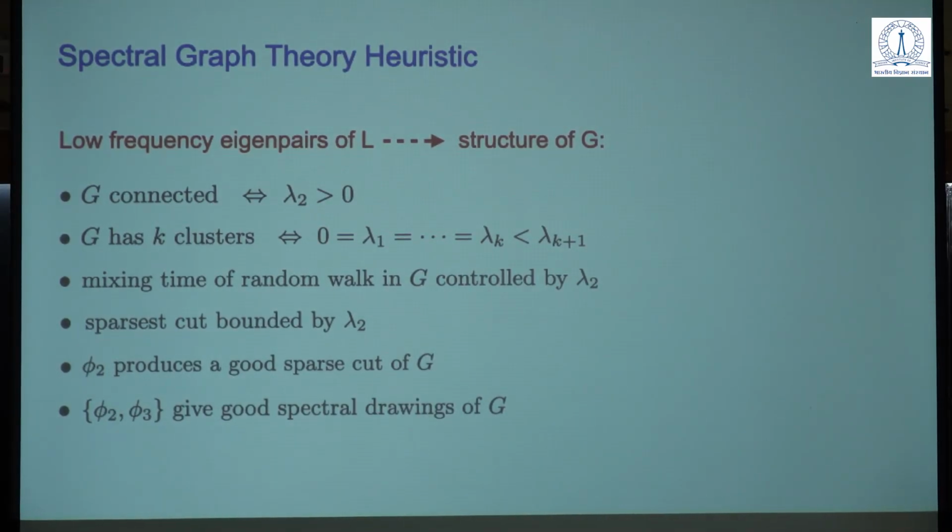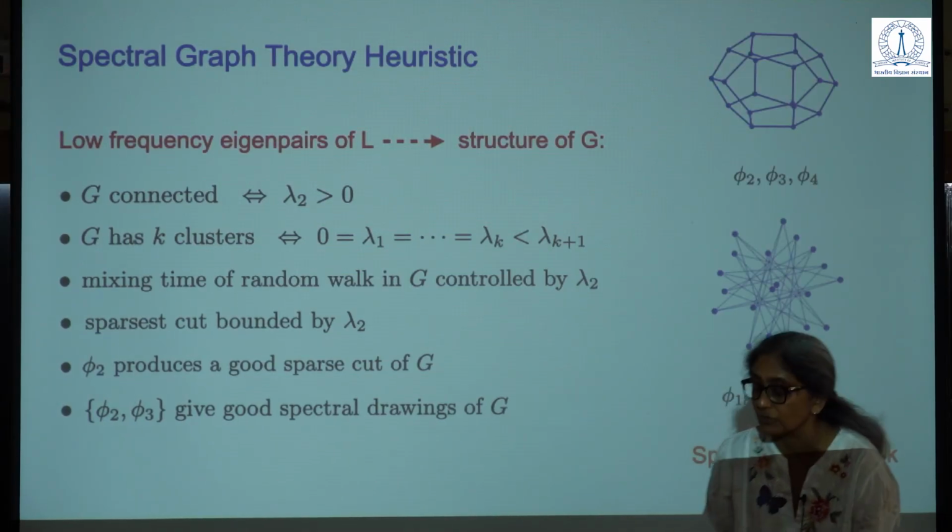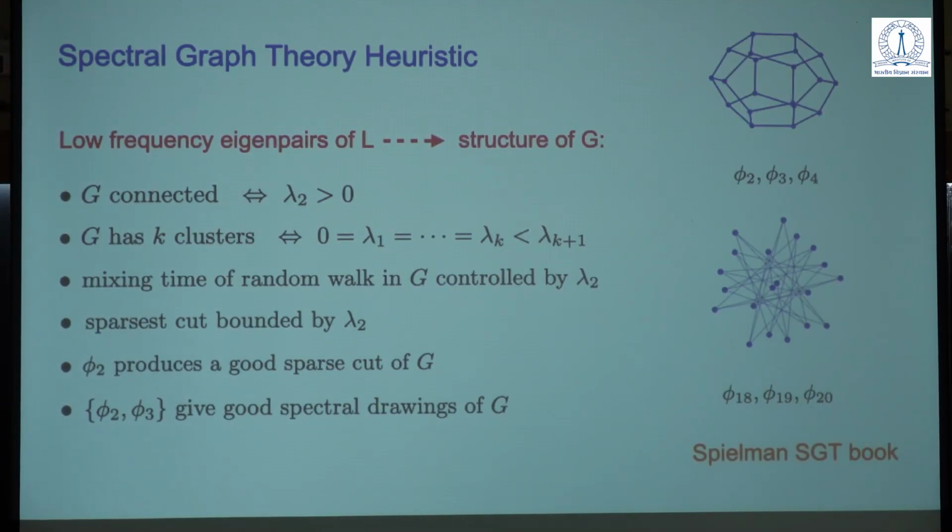We saw that if you take two eigenvectors, yesterday I told you about spectral embeddings. So if you take the first two eigenvectors, you get spectral drawings. Here are some pictures of spectral drawings that we didn't see yesterday, okay? For example, in that graph, the graph of the dodecahedron, if I take the second, third, and fourth eigenvectors of the Laplacian and use them to embed the graph.